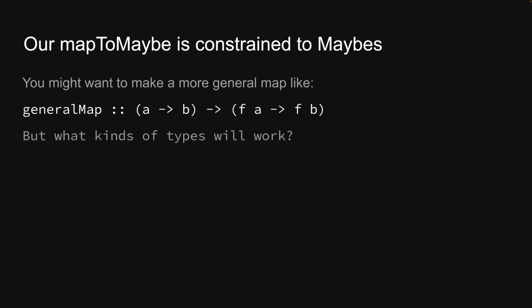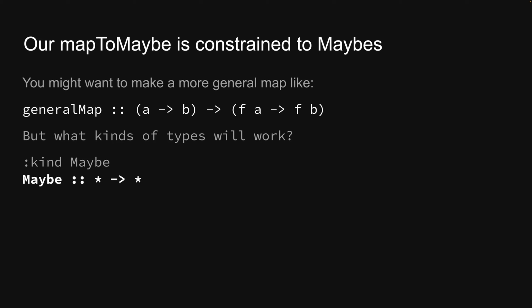And so what kinds of types will work for this type of function definition? You might say, well, let's look at what kind of type a maybe is. And maybe is a star to star. And what does that mean? It's a constructor.